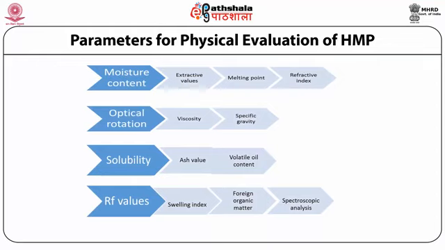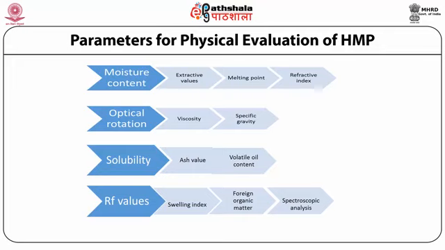We are today going to discuss physical evaluation, under which there are parameters like moisture content, extractive values, ash values, etc. It also includes spectroscopic analysis, which is based on spectroscopy. Those will be dealt with separately.